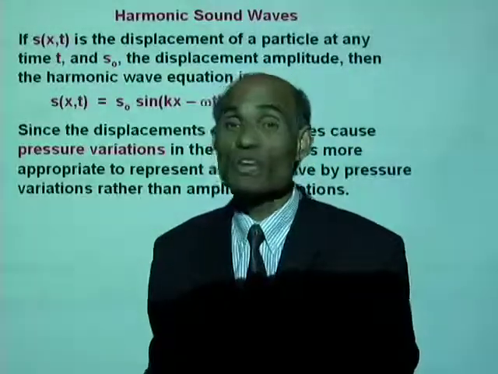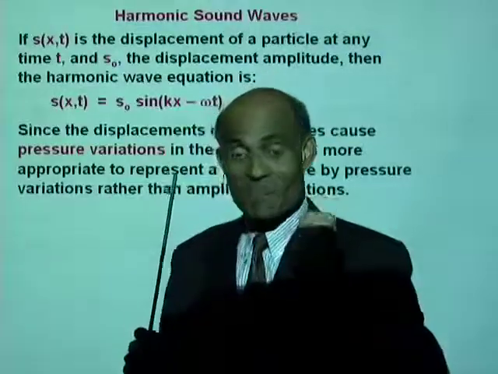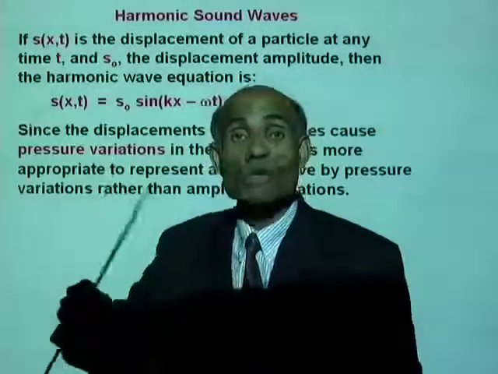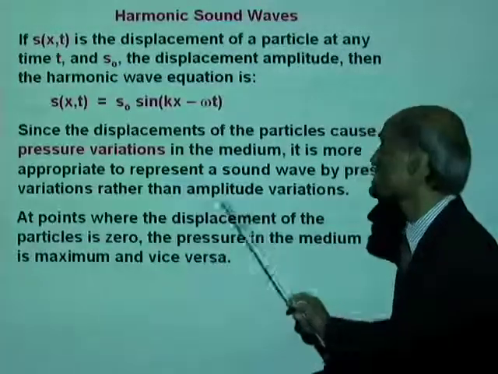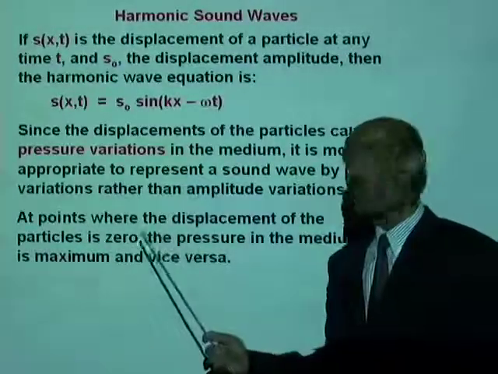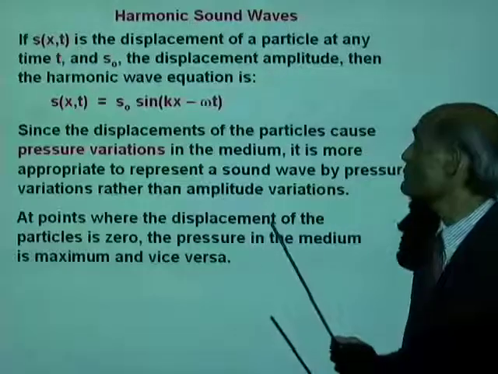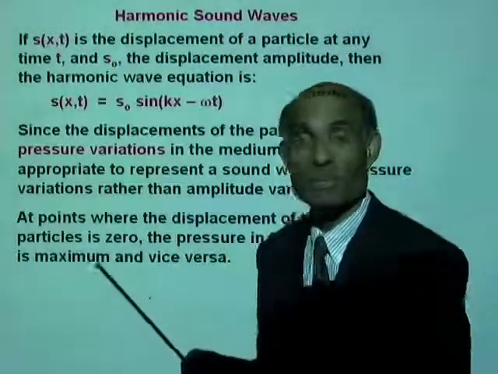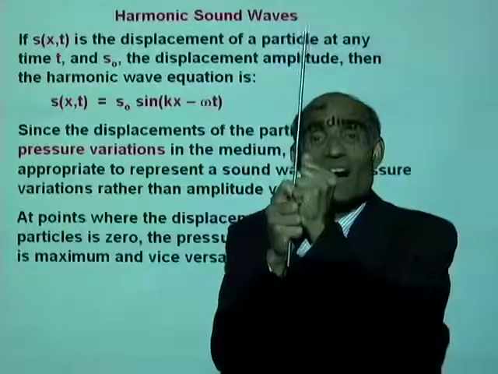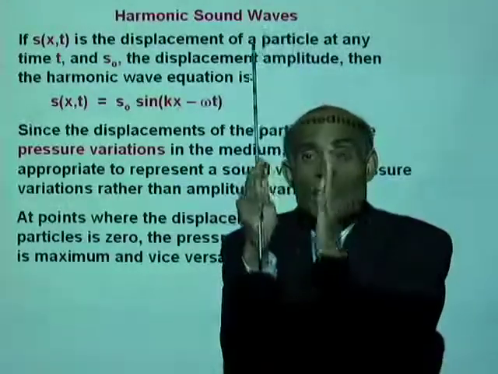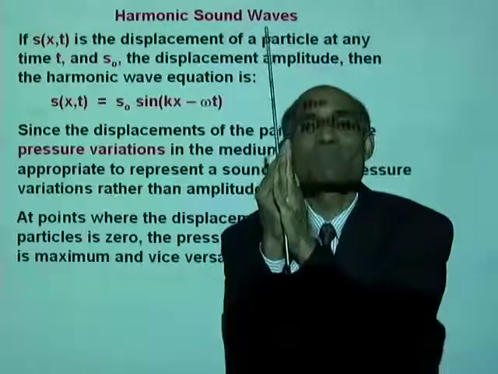The problem is the displacement and pressure are not really in phase. At points where the displacement of the particle is zero, the pressure in the medium is maximum. You see, the displacement is zero at the equilibrium position, and it is at the equilibrium position that the pressure is maximum.